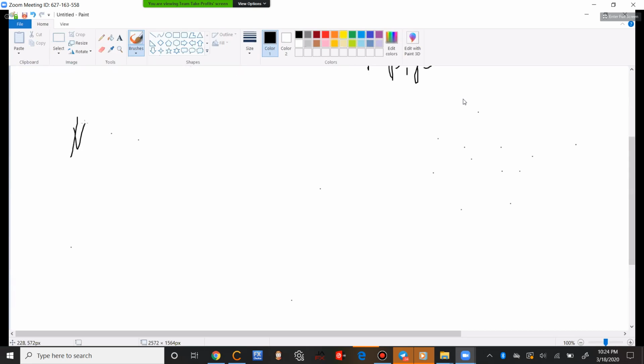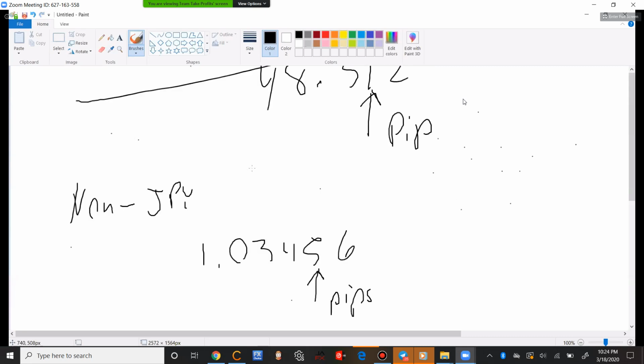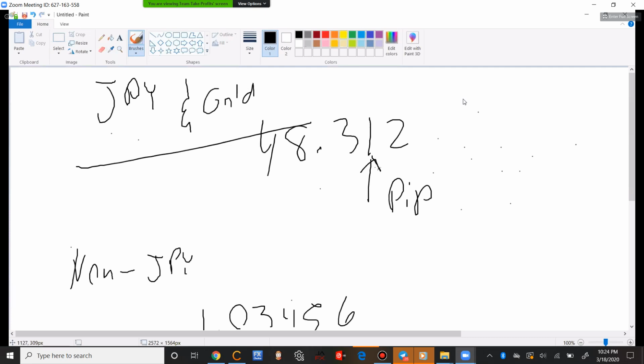And for non-JPY, there's not supposed to be that many digits, my bad. You get it? The fourth decimal is the pip for non-JPY. For JPY and gold, it's the second decimal.